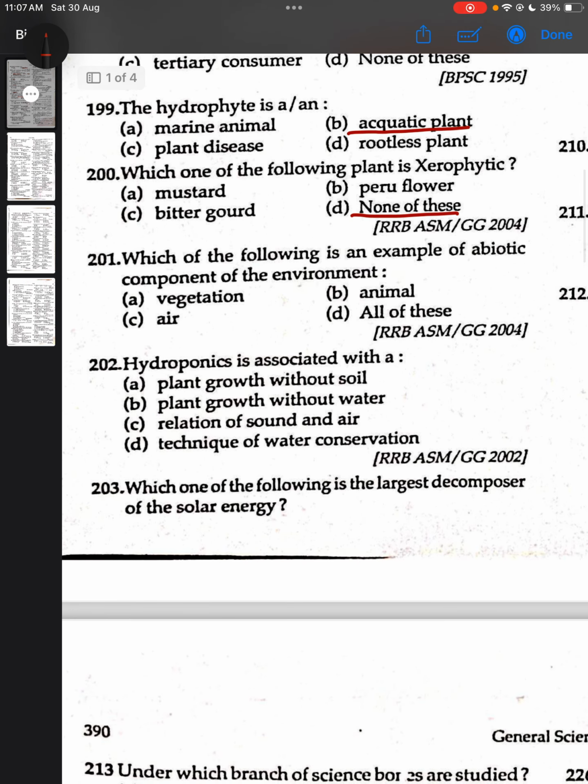Which of the following is an example of abiotic component of environment? Air. Hydroponics is associated with plant growth without soil. Which one of the following is the largest source of the solar energy?